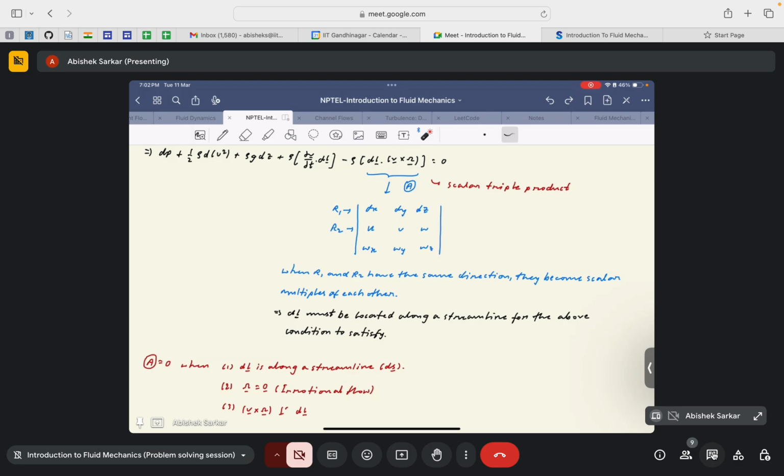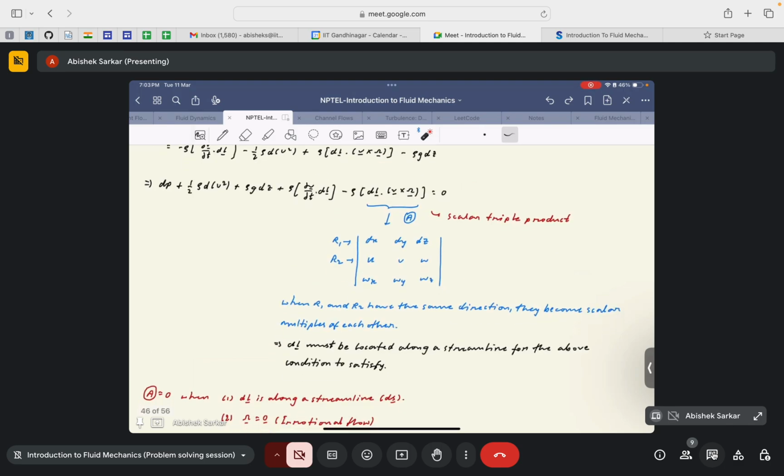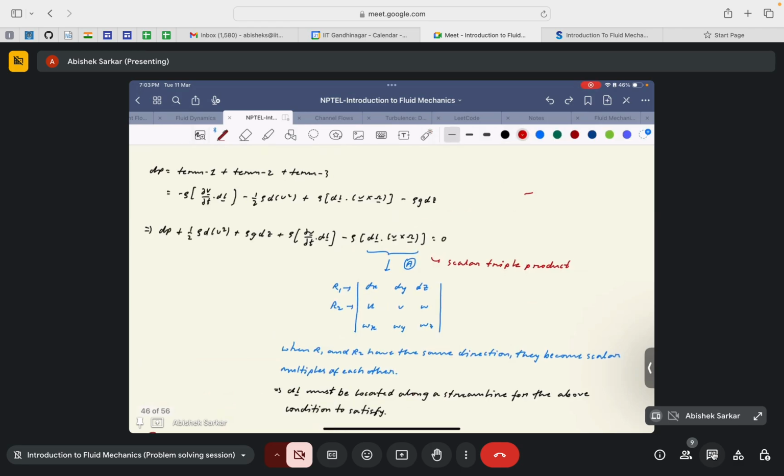Now, one more approximation that you can make is to consider the flow to be steady. Let me just write those assumptions that we are taking right now. First, we can take the flow to be irrotational, so that if the flow is irrotational, we are left with only 4 terms, the first 3 terms and the unsteady term.